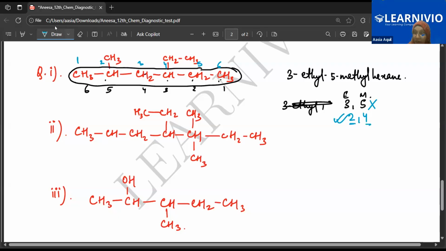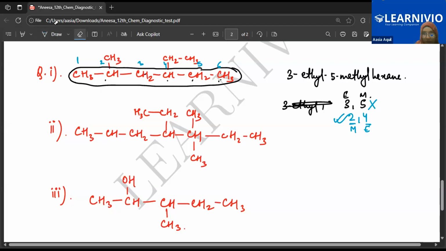On the second position the methyl group is attached, and on the fourth position there is an ethyl group, right? So when you start from the left it is the more preferred numbering. You should start from the left, not from the right.